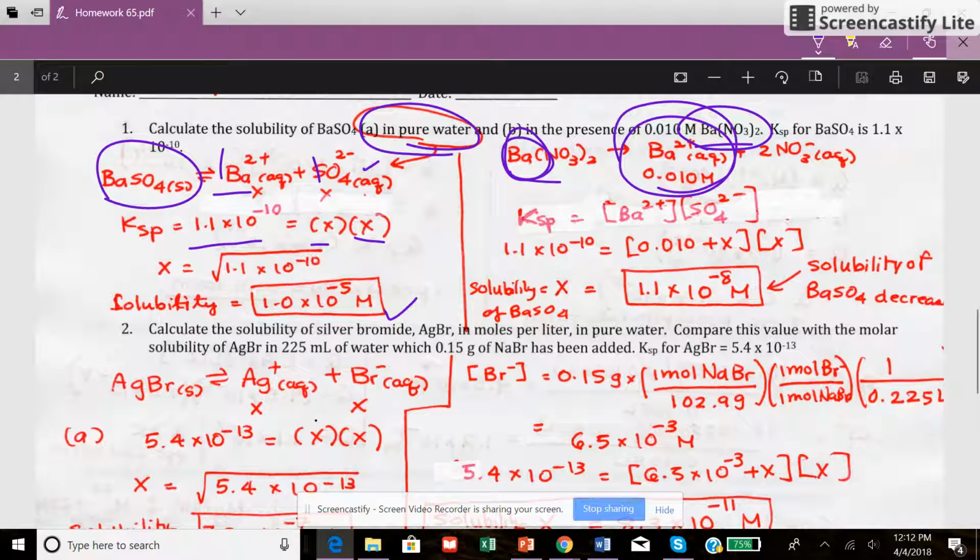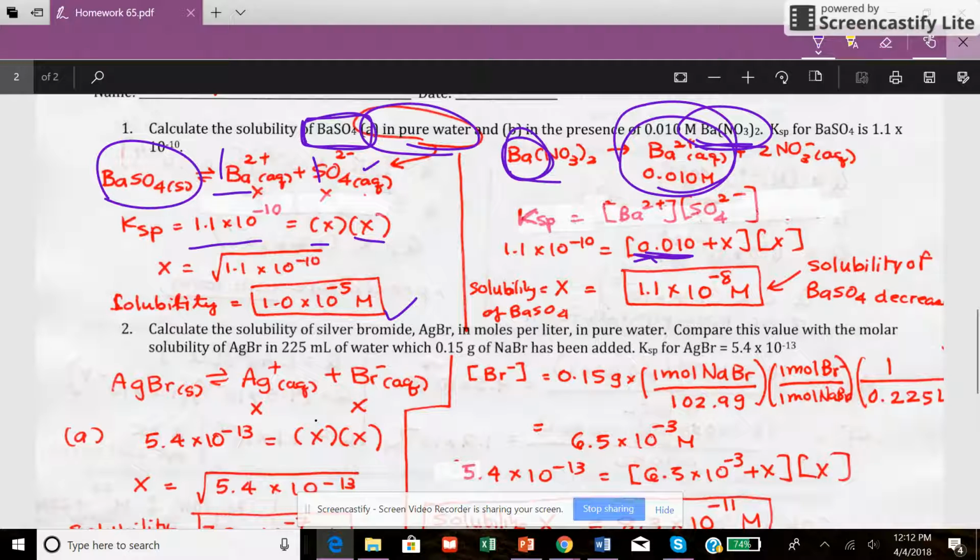Barium sulfate doesn't dissolve in water very well, so in the presence of that barium, it would not dissolve as well as it does in pure water.